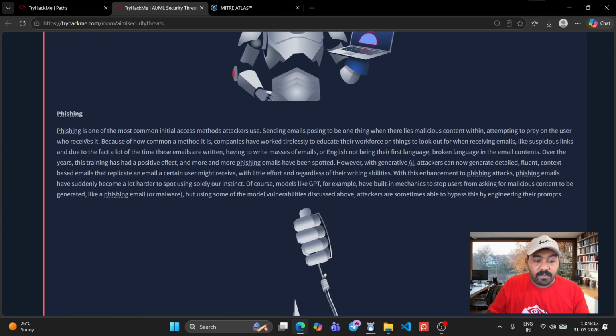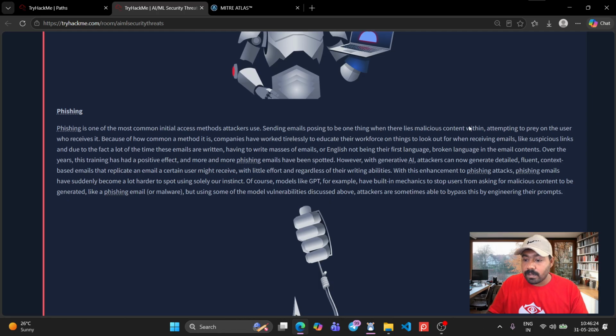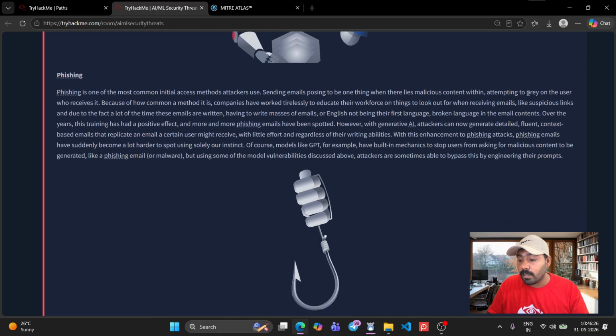Next one is phishing. Phishing is one of the most common initial access methods attackers take, sending emails posing to be something they are not, where malicious content lies within, attempting to prey on the user who receives it. Because of how common a method it is, companies have worked tirelessly to educate their workforce on things to look out for when receiving emails, like suspicious links.